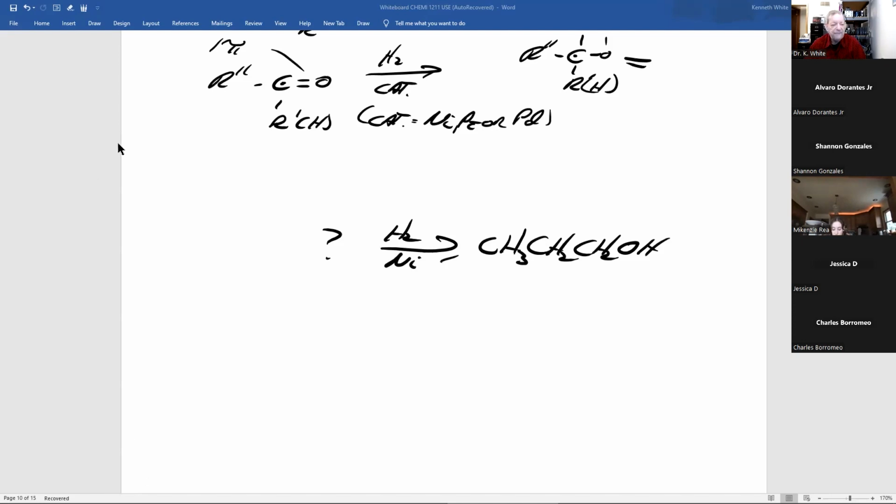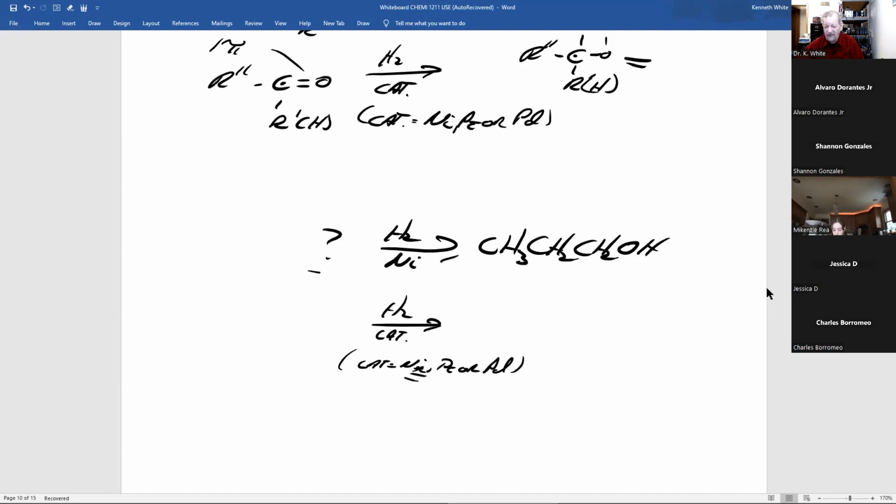All right. Well, how do we figure out what to start with to react with hydrogen and nickel as a catalyst? Which could be nickel, platinum, or palladium. In our case, it is nickel.